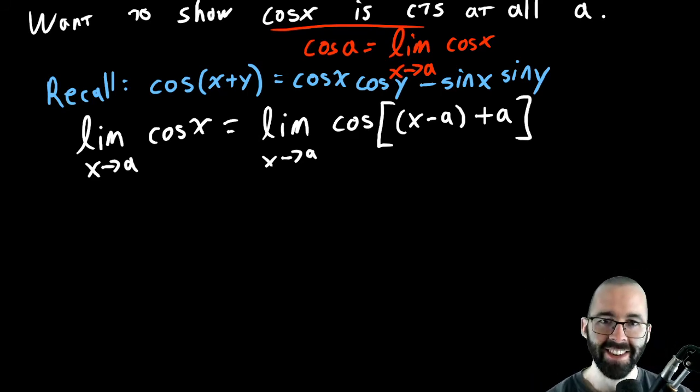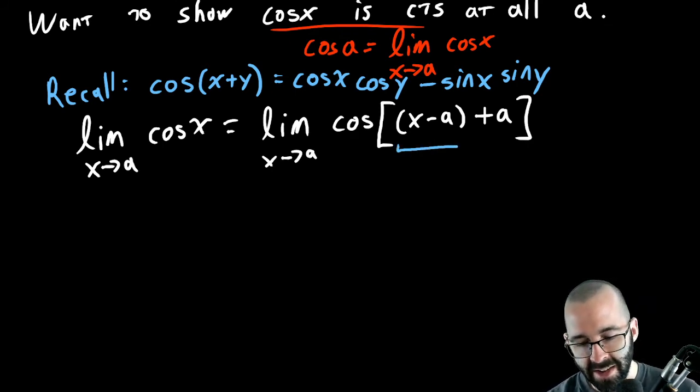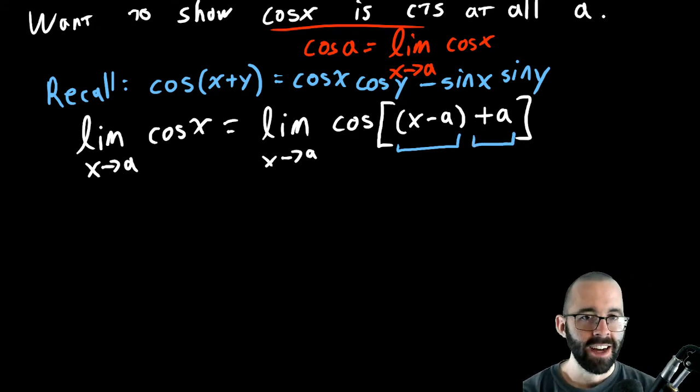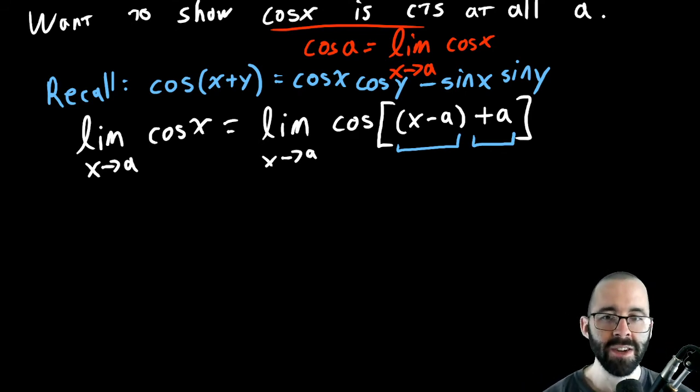Am I? Well, now I have two angles, right? This is an angle, and that's an angle. I said we're going to use the angle sum formula for cosine, so let's use it.